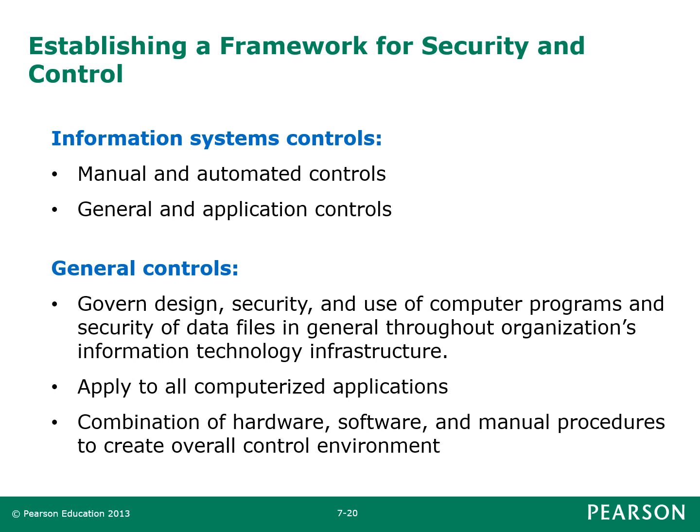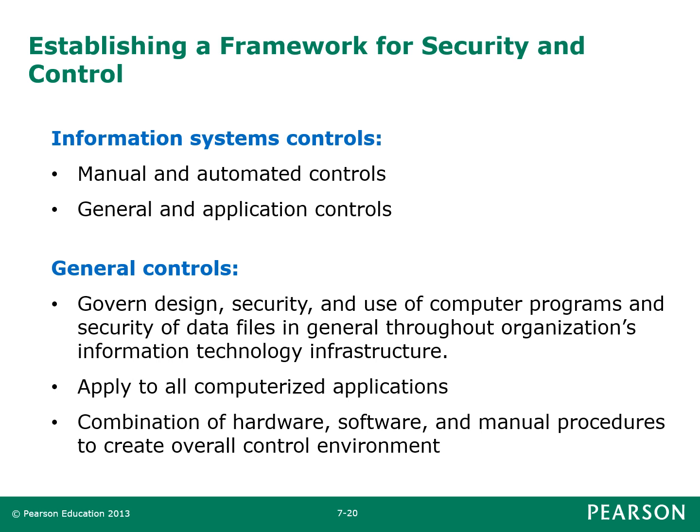An information system control is a procedure or policy that provides assurance that information systems used by an organization operate as intended, data is reliable, and the organization is in compliance with laws and regulations.